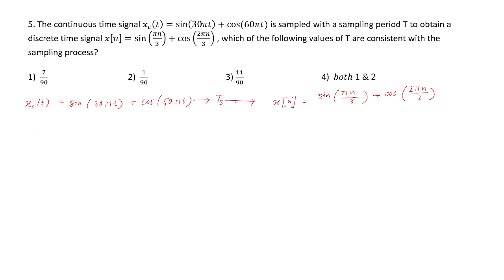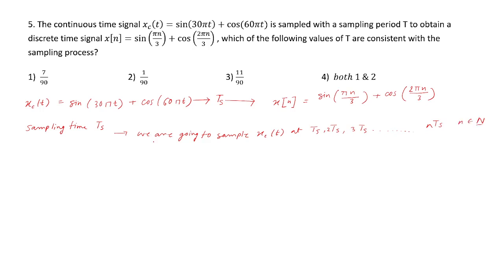Let's say that the sampling time is ts, and we are going to sample xc(t) at ts point, then 2ts, then 3ts, like that, basically at nts, where n is an integer.